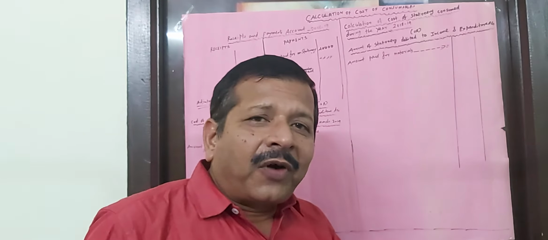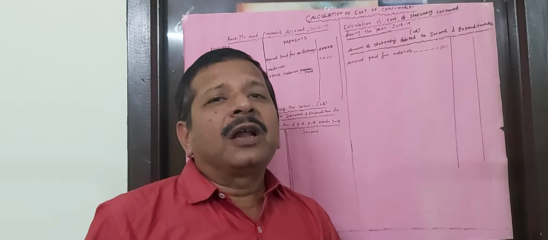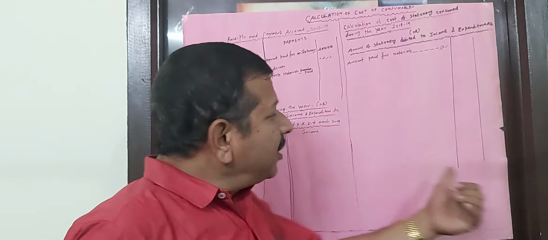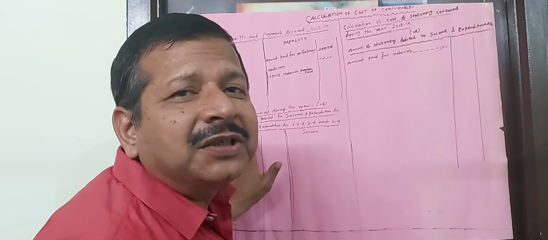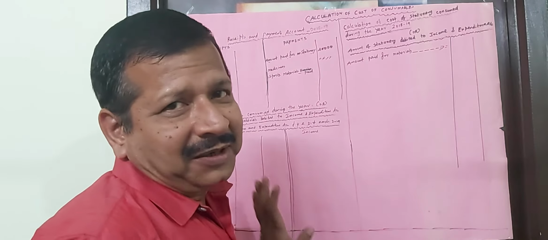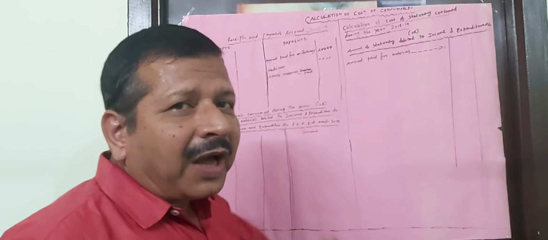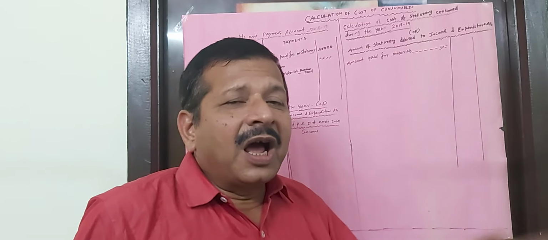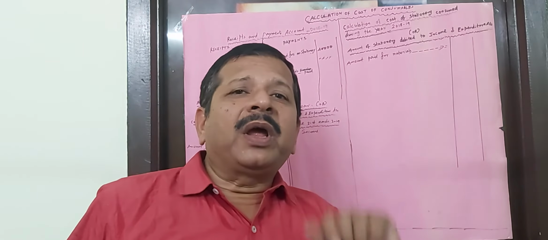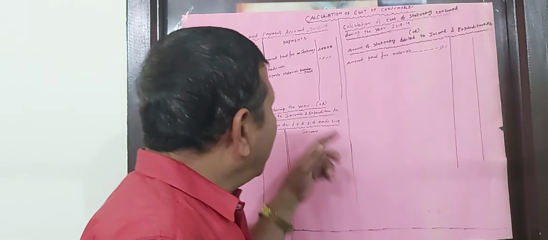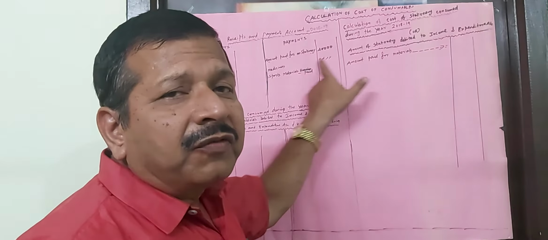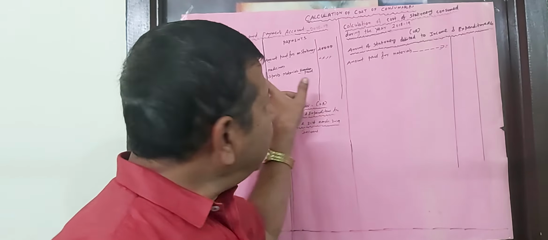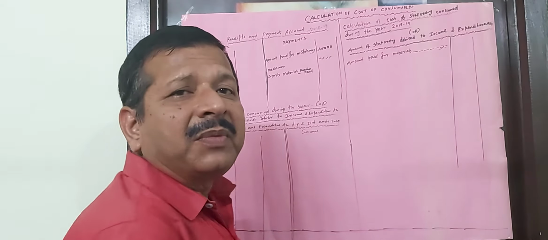After finding out the amount consumed during the particular year, it will be recorded in the income and expenditure account, expenditure side. How to find out? I am giving the demonstration. I will give the adjustments one by one. Listen very carefully. You have to start from the amount given in the receipts and payment account.